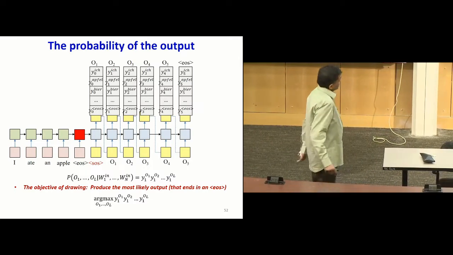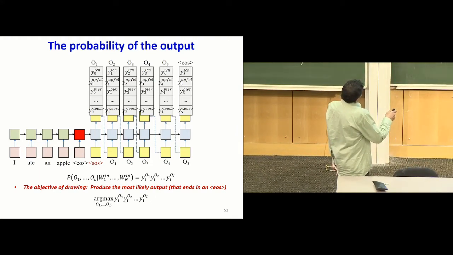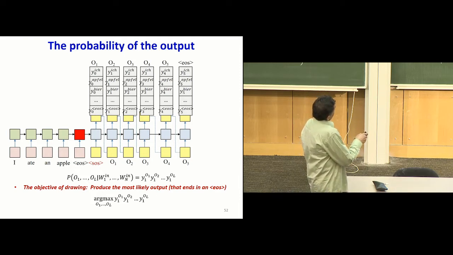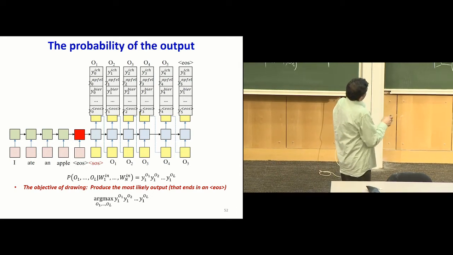At each time, for each word, there is a corresponding probability assigned to the word by the network. So at time 1, the probability assigned to the word O1, conditioned on everything until then, is going to be the corresponding component of the output probability vector. Also at time 2, the probability assigned to O2 is going to be the corresponding component of the probability vector output at time 2.